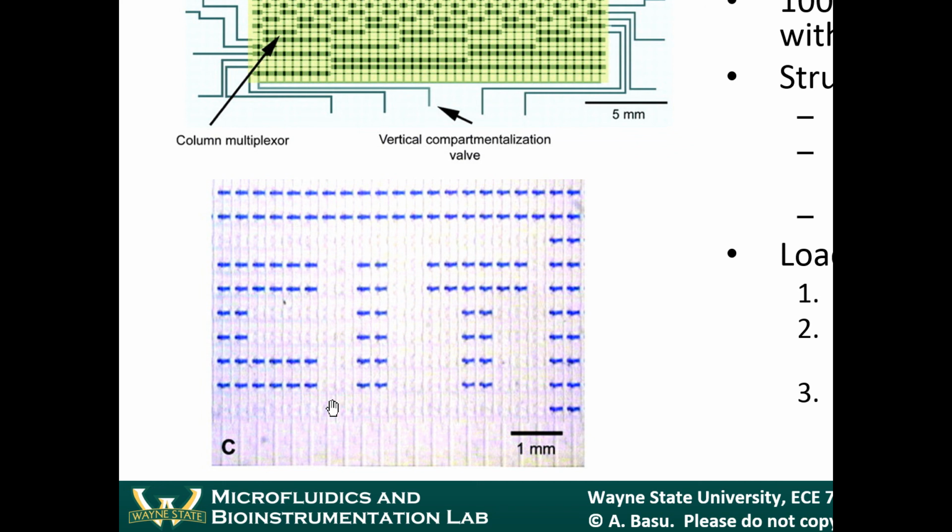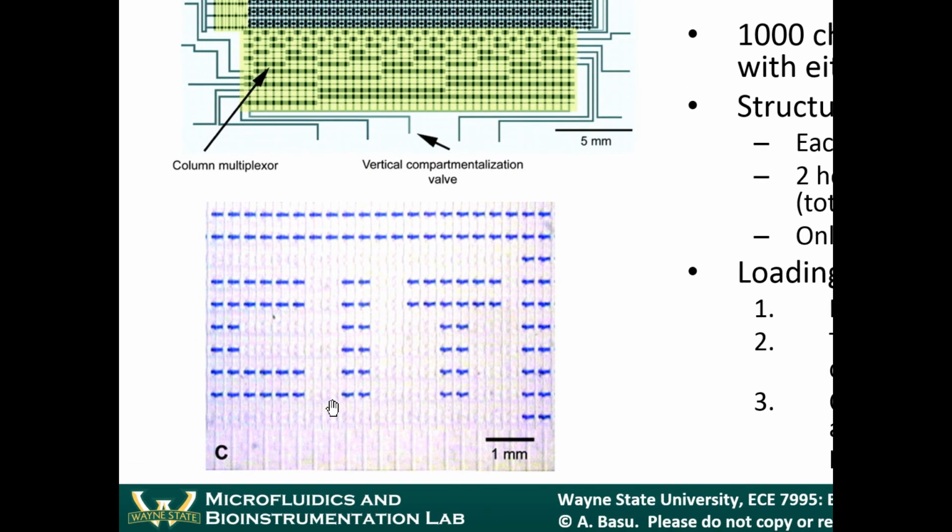It would contain some type of biological assay, like, for example, a single cell assay, which their company has actually done. So they wanted to show that you can selectively load samples into selected chambers within a big array.